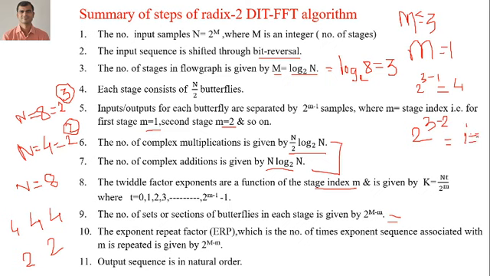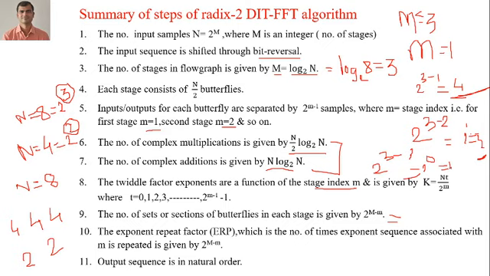That means how many sets are there in stage 1, stage 2 and stage 3. For stage 1 we have 4, for stage 2 we have 2, and for stage 3 it is 2 raised to 3 minus 3, which is 2 raised to 0, equal to 1. So we will have only 1 set in that particular stage.